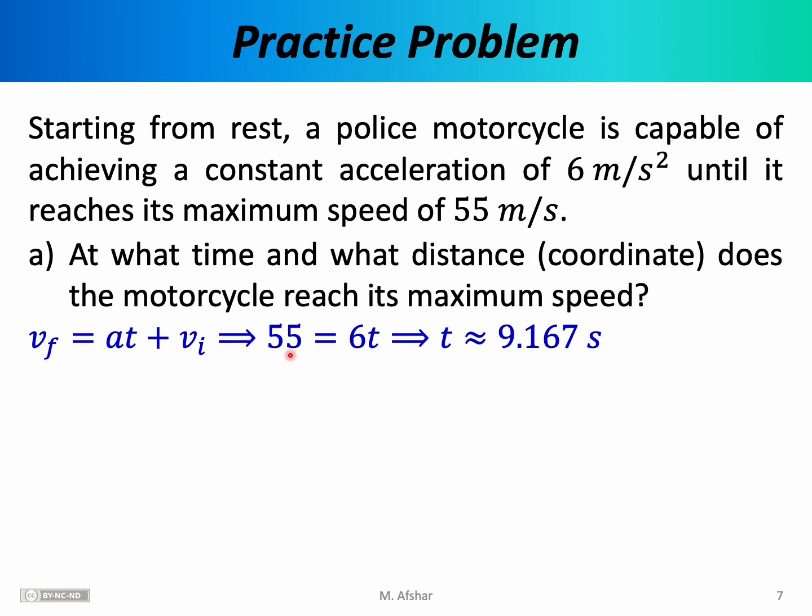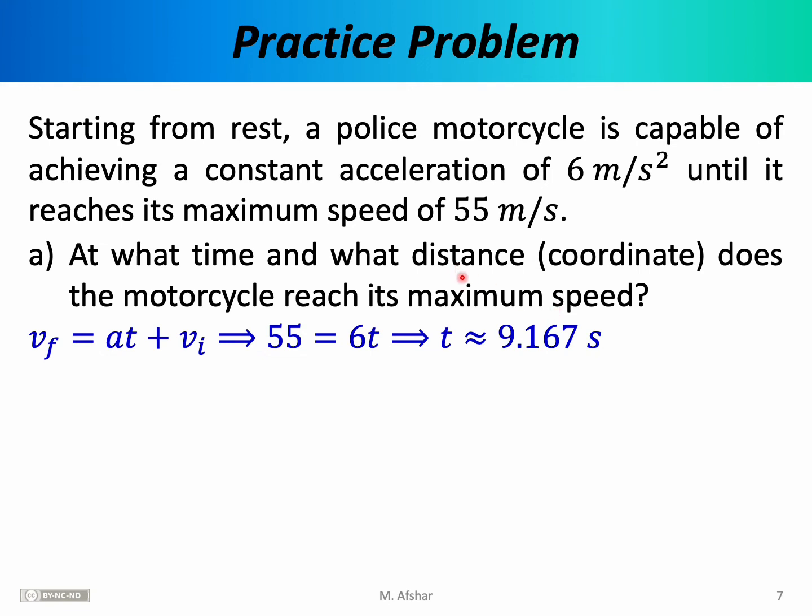And so the equation that we have is 55 is equal to 6t. If you solve for t, you will see that it takes the motorcycle 9.167 seconds to achieve its maximum speed. So that answers part of the question, at what time does the motorcycle reach its maximum speed?